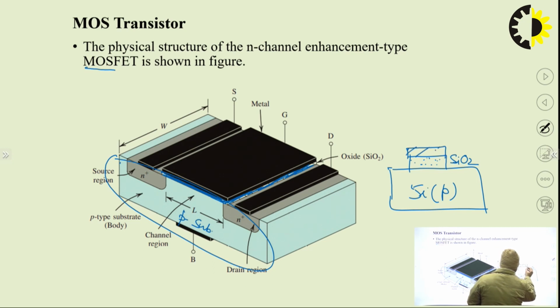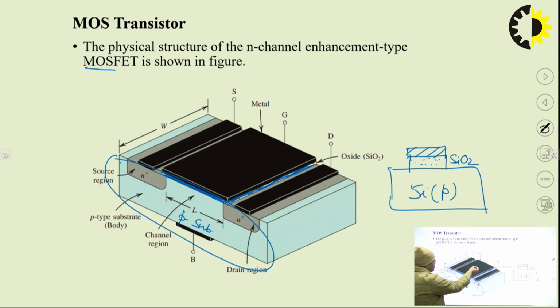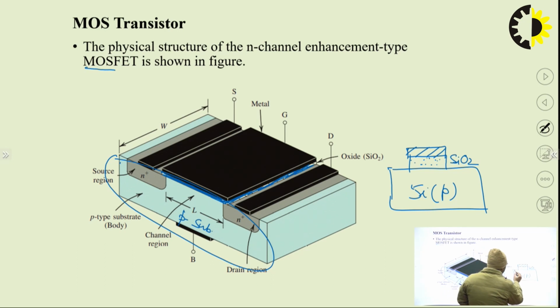Above the oxide layer, a metal gate is created. Here the black color shows the metal electrode. Initially we used aluminum for the metal gate, but nowadays we use polysilicon. We still use the name MOS, metal oxide semiconductor, because initially it was used. For making the MOSFET, we have created two N plus diffusion regions.